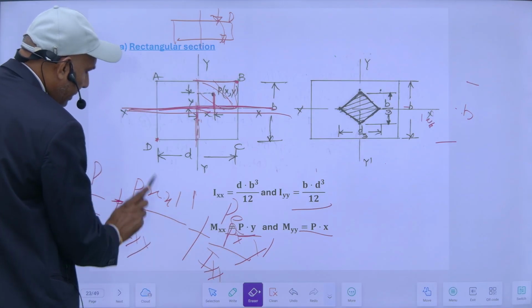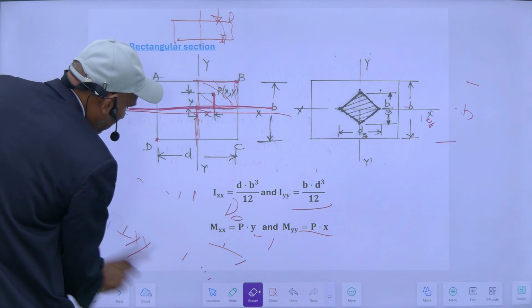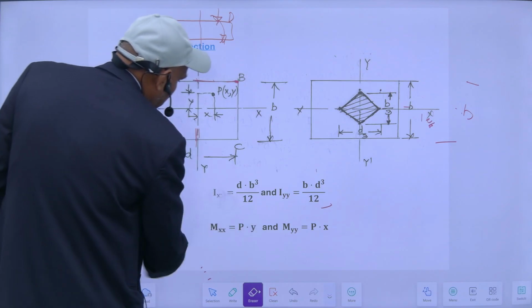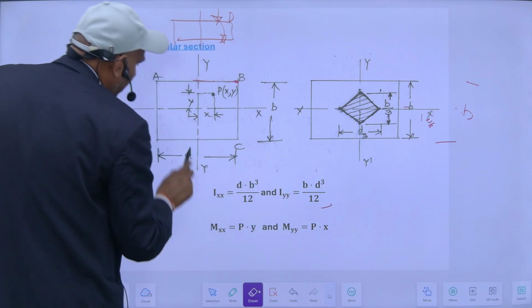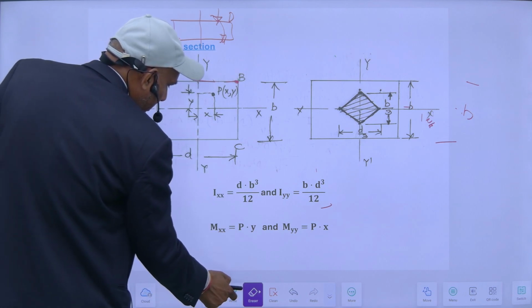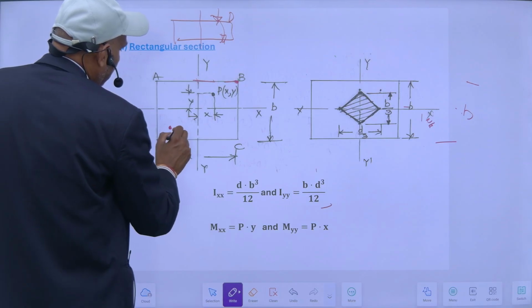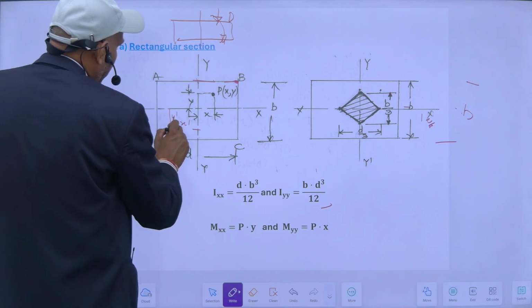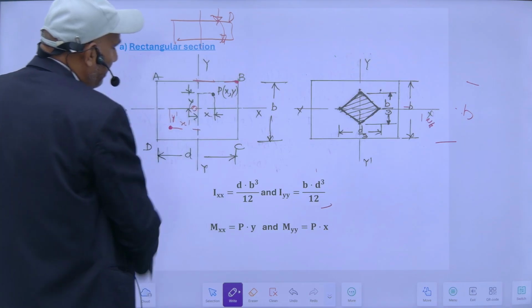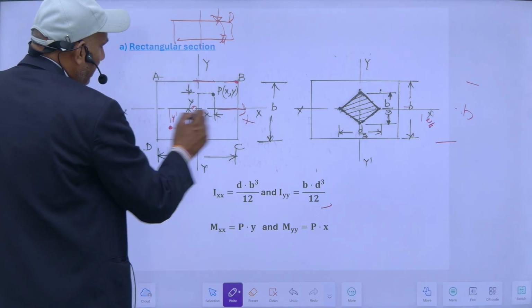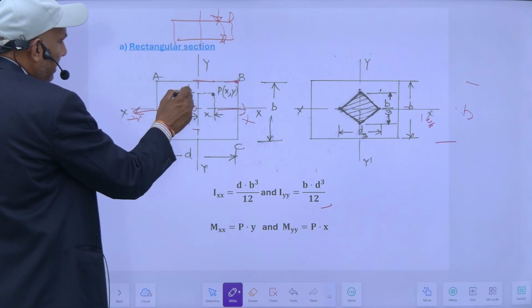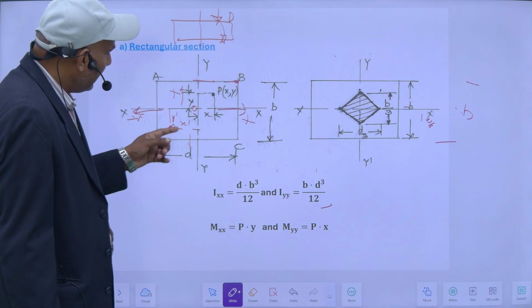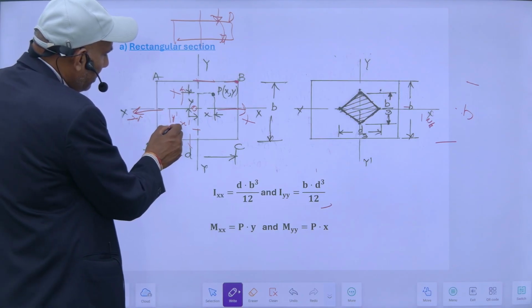Suppose I take any point here, where this is my x bar and this is y dash. Here it is on the negative side of the origin. On this side it is positive, on the other side it is negative. Suppose my point is like this, where the values of x dash and y dash are both negative.